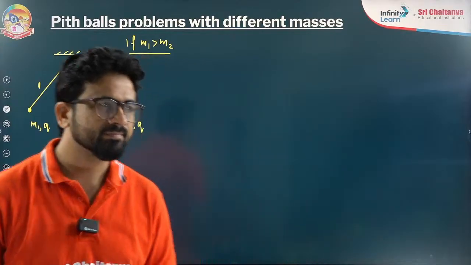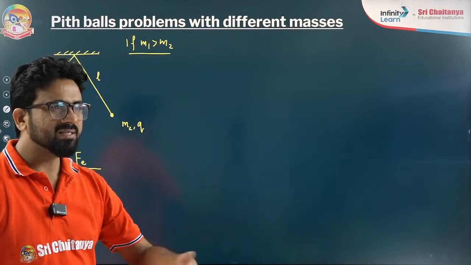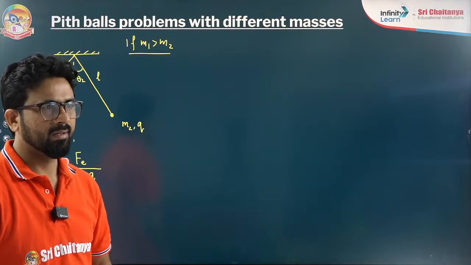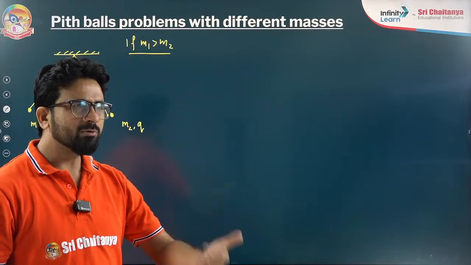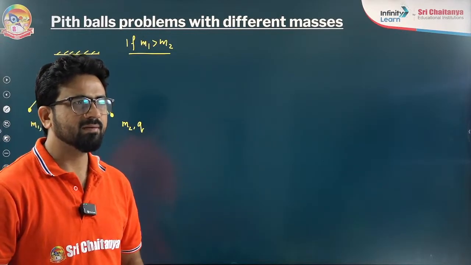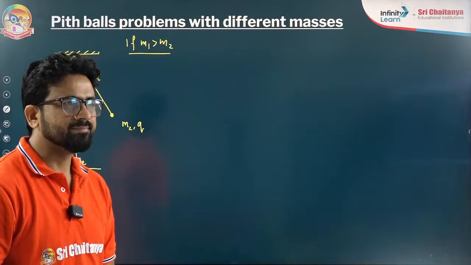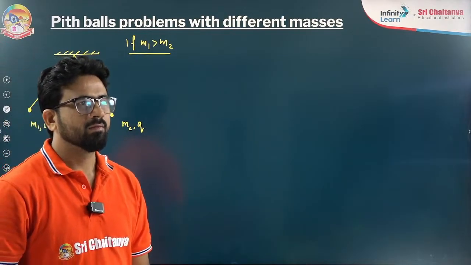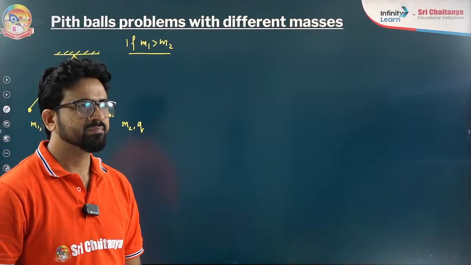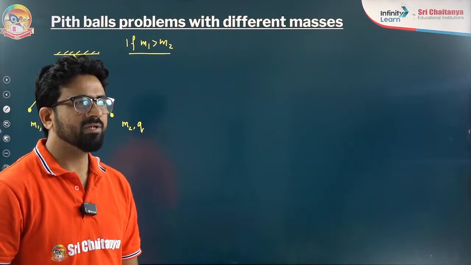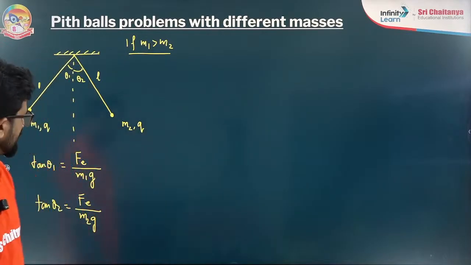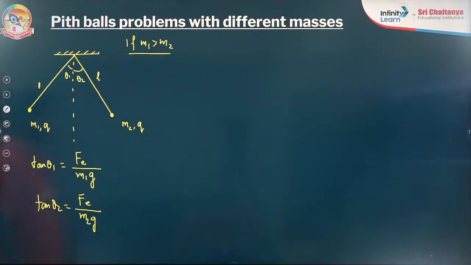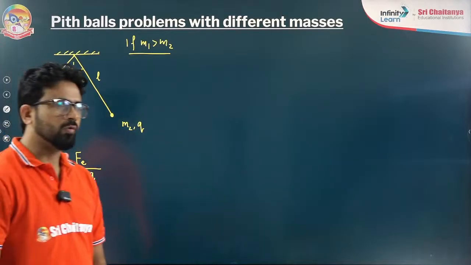Sudhakar, good. Other people, put your answer, beta, in the chat box. Saranya, good. All people should put your answers. Badrinath, what is your answer, beta? Vamsi, what is your answer? Put your answer, beta. Theta 1 or theta 2? Which is greater? 2. Very good. Very simple.